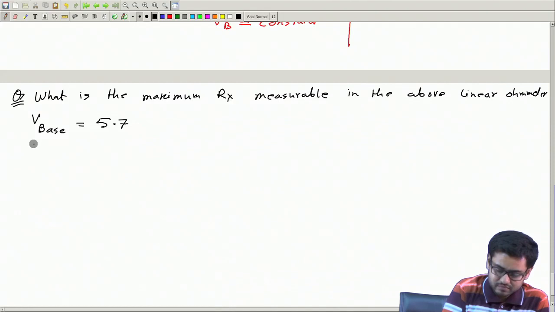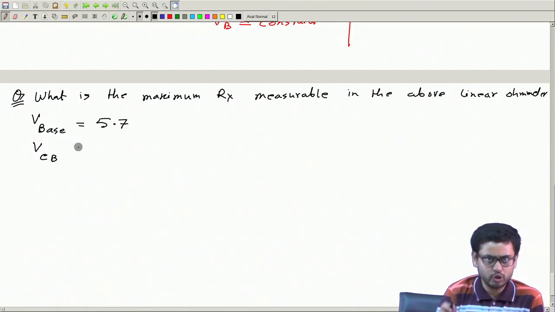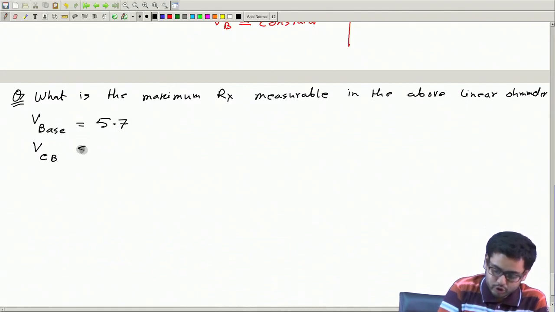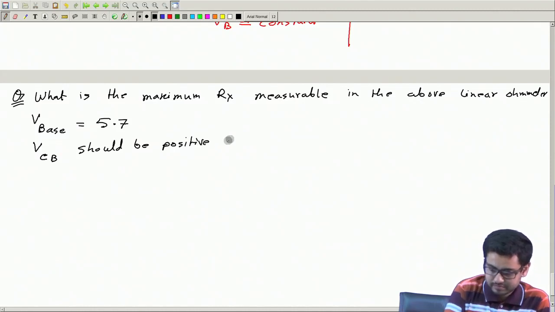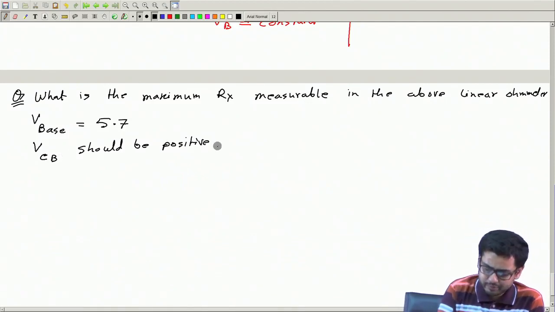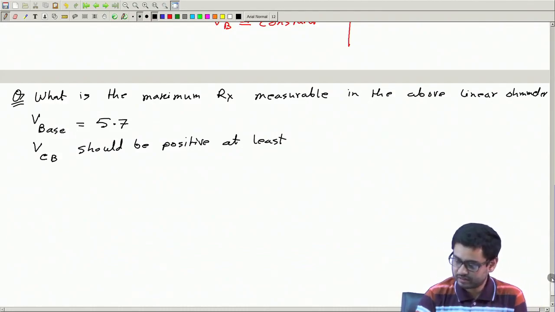And V collector to base has to be greater than some threshold which you can get from the transistor characteristic, but it definitely should be positive. It should be positive at least, and maybe more than half a volt or something, some threshold which you can get from the transistor characteristic, but it should be positive at least, otherwise the transistor will not act in the active region.